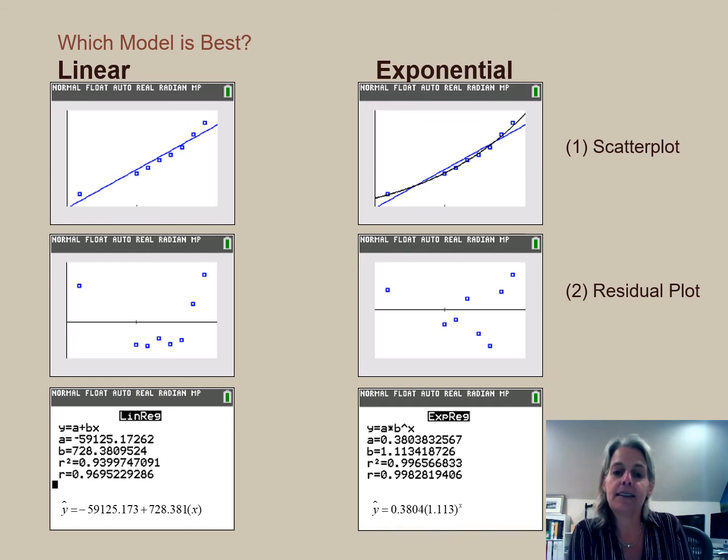So when I write the equation now for the exponential model, the exponential equation, note that it's going to be y hat is equal to, and then this 0.3804, that's my A term right there. That's the starting point, if you remember from exponential equations. And then 1.113, that's the rate at which it's growing, right?